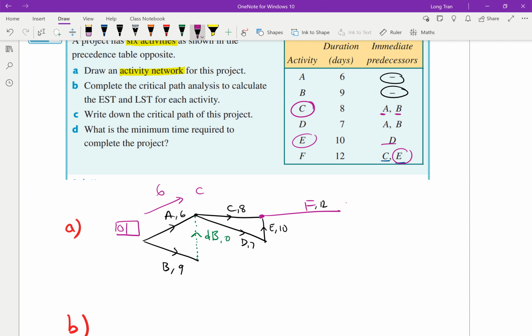But after 6 minutes, B is still not complete. B needs 9 to complete its task. Remember, C depends on the fact that A and B have to be done. So even though you finish A early, you still have to wait an extra 3 minutes for B to complete, and that way C can then start.